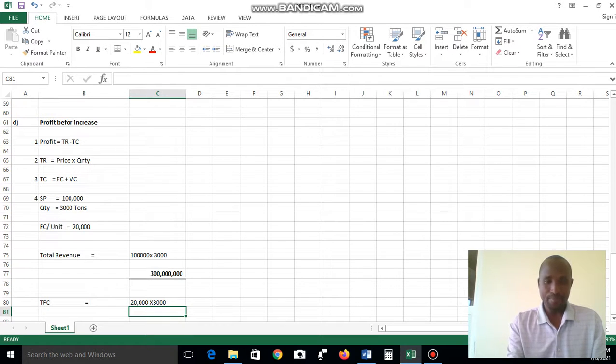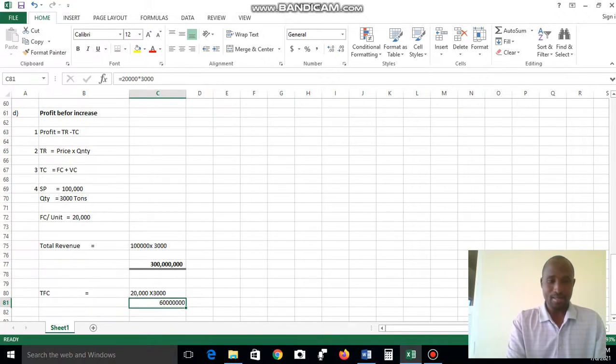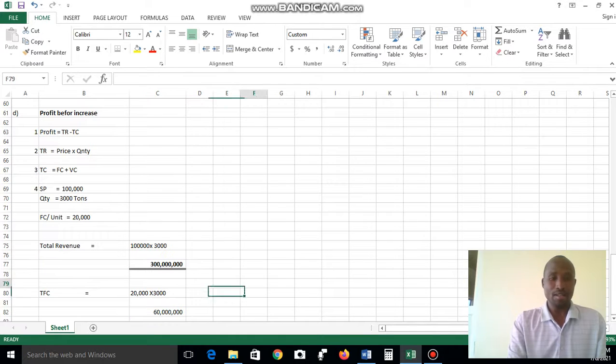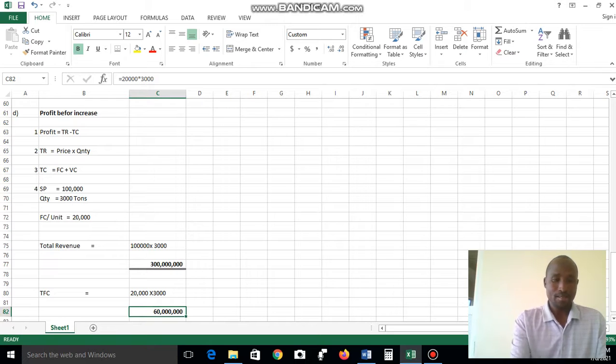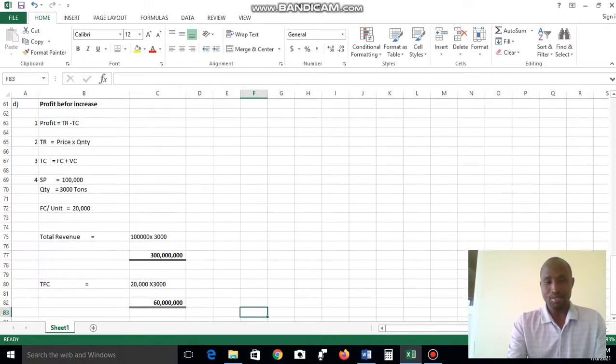So 20 times 3,000 gives the money. Total fixed costs now are equivalent to 60 million. Let's move.